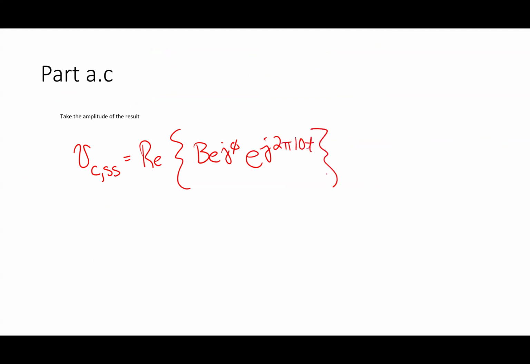So basically I ended up with the steady state solution being the real part of b e to the j phi times e to the j 2 pi 10t, which we just found was 0.0637 e to the j negative 89 degrees times e to the j 2 pi 10t.